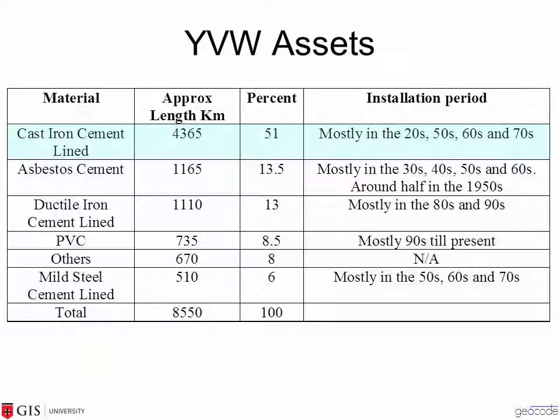So let's take this idea a bit further by applying it to some of Yarra Valley Water's assets, in particular their cast iron cement lined assets, which represent around about half of Yarra Valley Water's assets, 4,365 kilometres to be exact, mostly installed in the 1920s, 1950s, 1960s and 1970s. Yarra Valley Water has numerous types of assets that were laid in different places at different points in time.